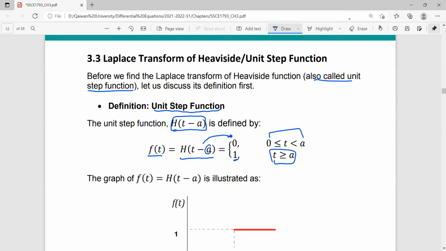Here, this is a. That means if t is between 0 and a, the Heaviside function or the unit step function is 0, and it equals 1 if t is greater than a.